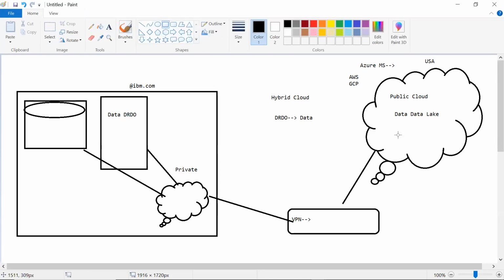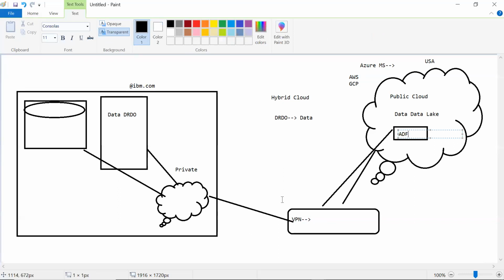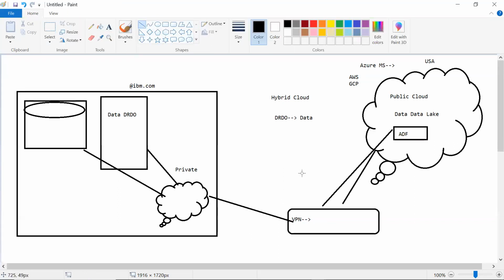And some services, like beautiful tools such as Data Factory or Azure SQL, they will take data from the cloud, and whatever data you want to process, you want to load, that loading process we do on-premises. Extracting from here, loading the data on-premises. That combination of private and public we call hybrid cloud.